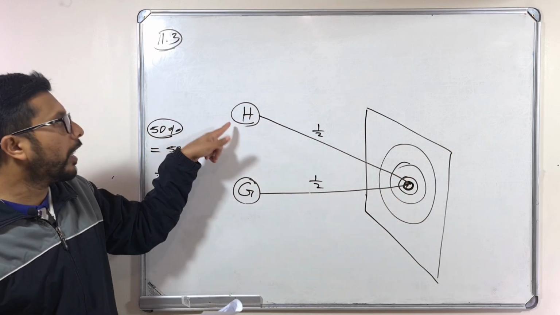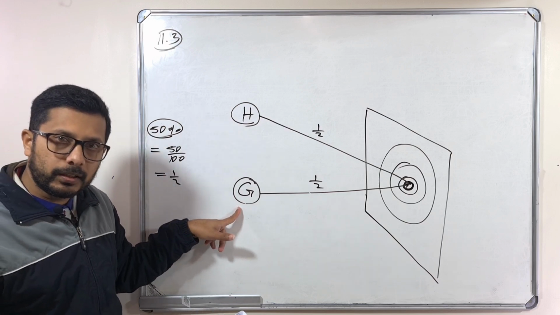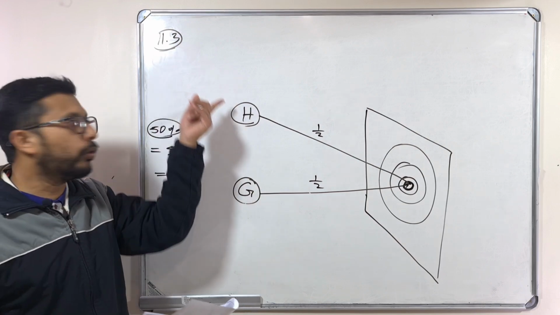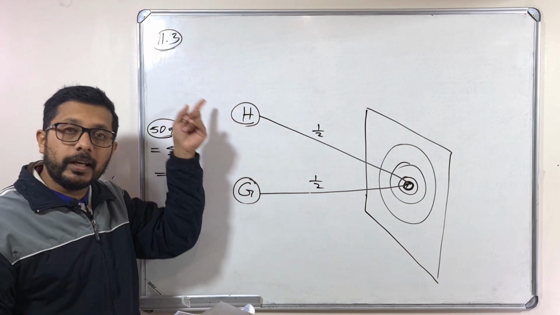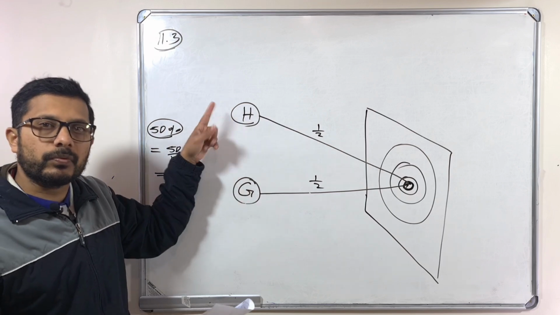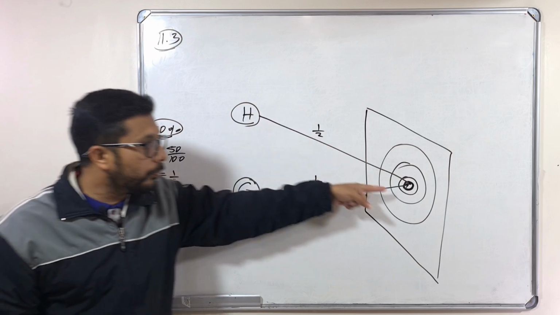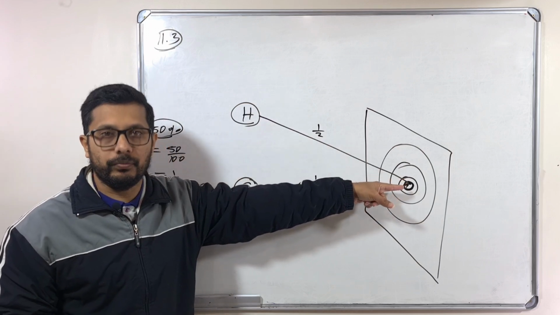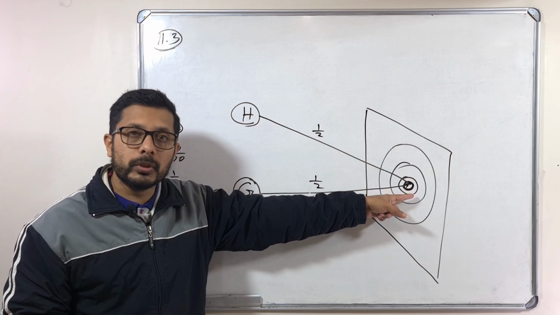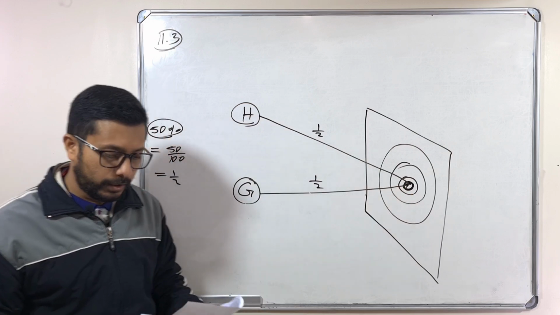In case Harry loses, then the next chance is for Glenda. Then in case Glenda loses, it goes back to Harry. Again, if Harry loses, that means they are taking chances one by one. The first one who hits the bullseye will be the winner. Okay, that is the condition.